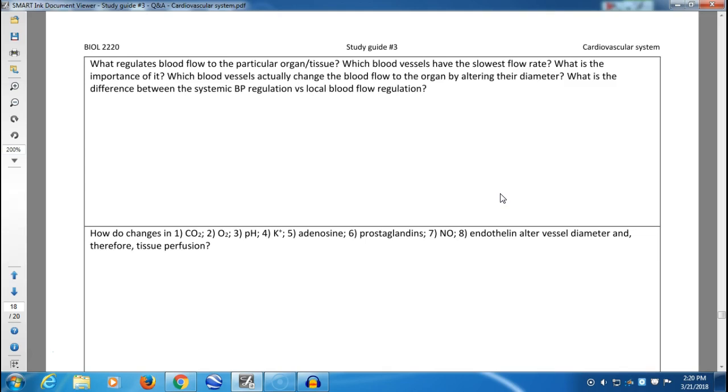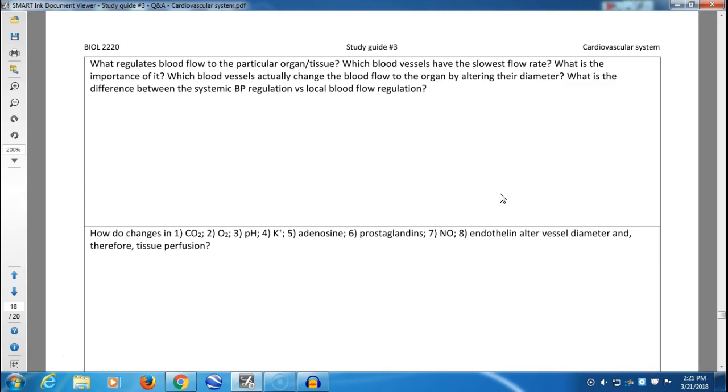Tissue needs. So for the tissue, it's not systemic blood pressure, right? It's not the heart. So local blood vessels. Capillaries have the slowest rate for the exchange. Which blood vessels actually regulate the blood flow? Arterioles the most, yes. Maybe a little bit of muscular arteries to the organ, but to the tissue, definitely arterioles.